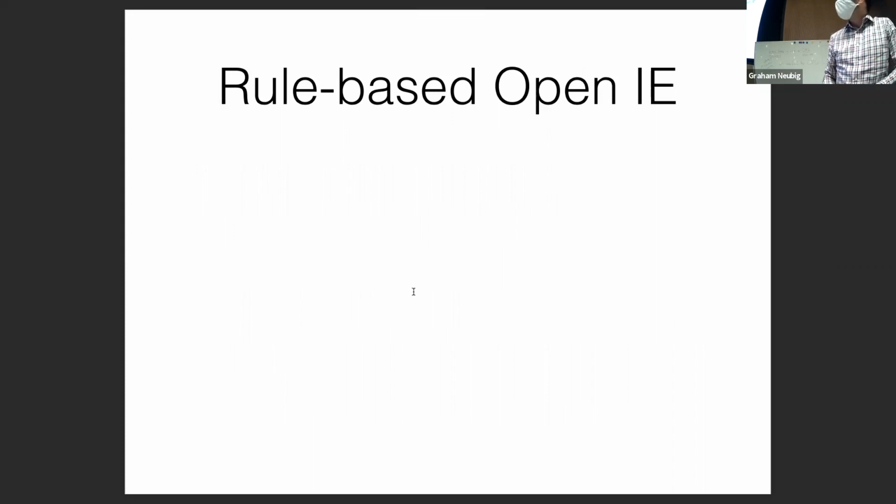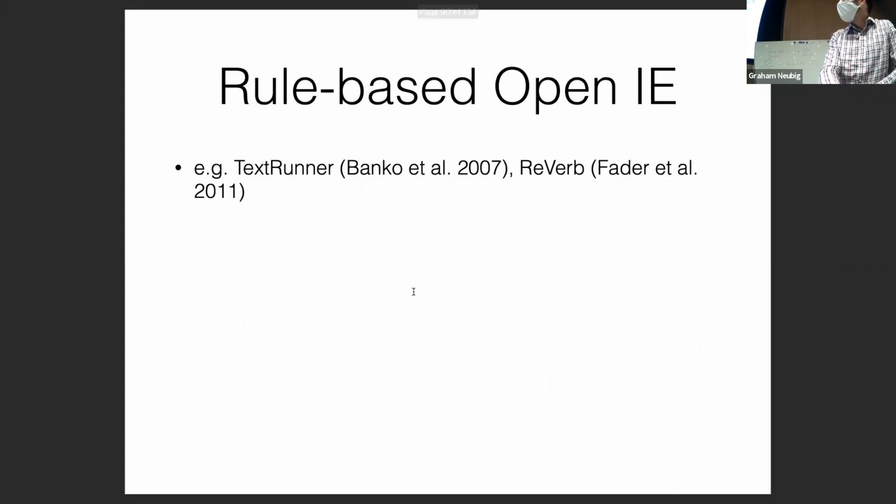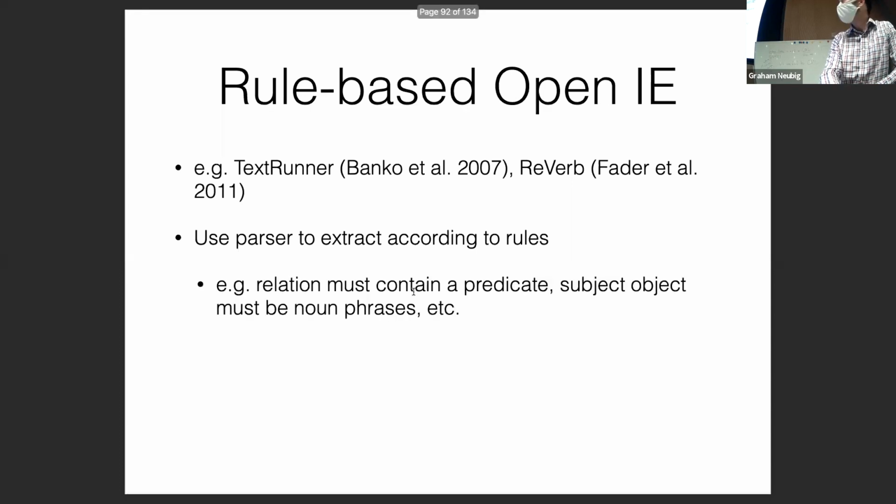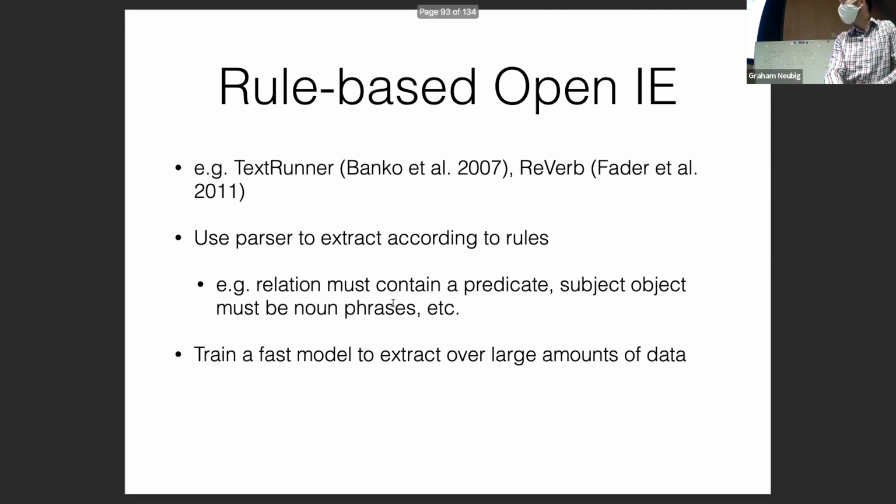So in OpenIE, because the idea is relatively simple, the most common ways to do this are rule-based OpenIE. Basically, they use a parser to extract this information according to rules. So a relation must contain a predicate, the subject and object must be noun phrases, etc. And then you just extract everything that corresponds to this.